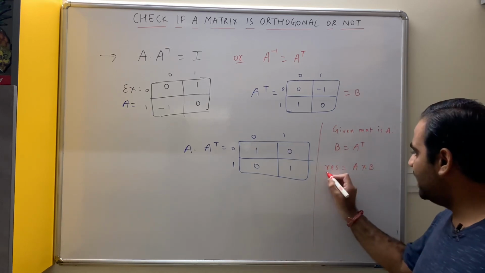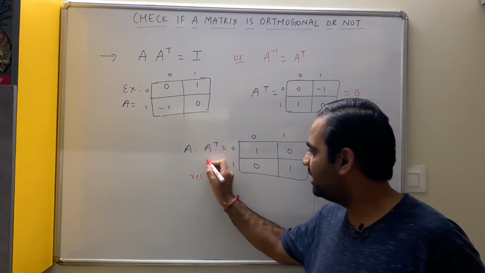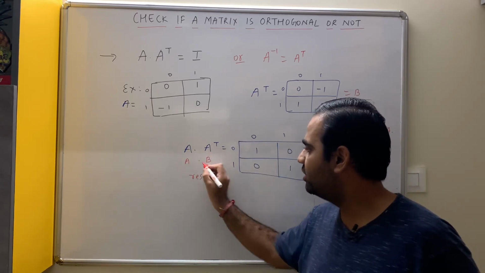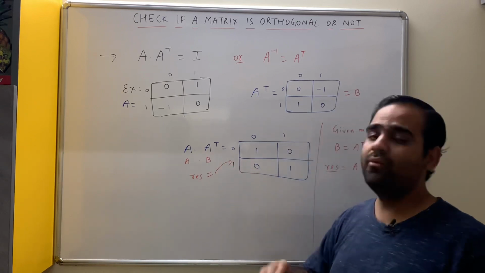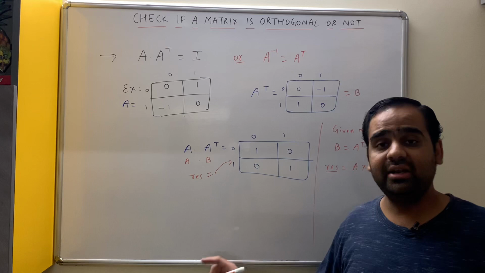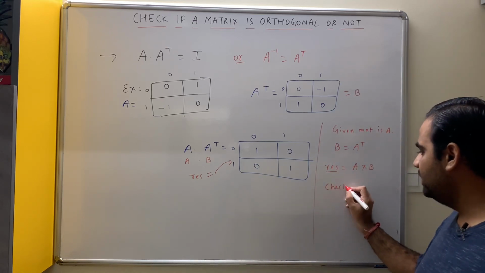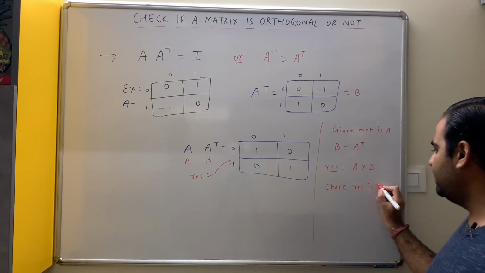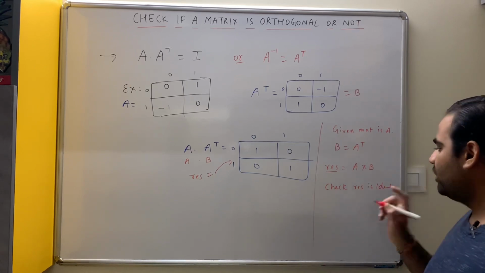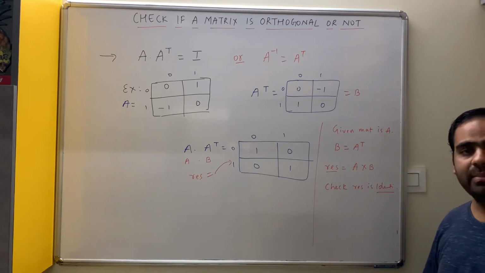After you get the result, result is equal to A into B, because A transpose is nothing but B. Now what do I want to do with this result? I want to check whether this result is an identity matrix or not. I already wrote the function to check if a matrix is an identity matrix or not.